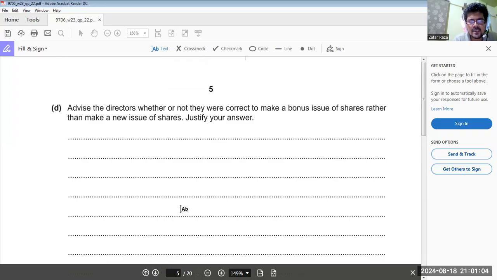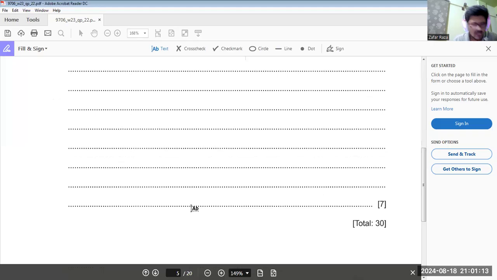Advise directors whether or not they were correct to make a bonus issue of shares rather than making a new share issue. Justify your answer. It is a 7 marks question. I must tell you one thing, when we issue right shares, we get the money. But when we issue bonus shares, we don't get money. Bonus share is just a favor to the existing shareholders.